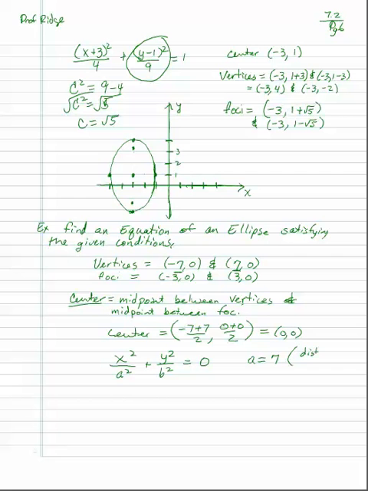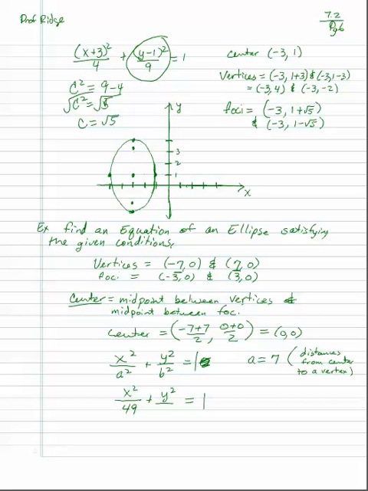Right, the distance from the center to a vertex. So we're going to get x squared over 7 squared, which is 49. Oops, that should be 0, that should be 1.